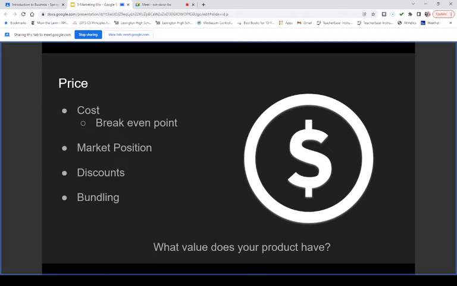How we charge, how much we charge for our product really relates to where we want to position ourselves in the market. And if we're coming up with a new product that has a lot of competition in the market, let's say maybe it's a ketchup that's a new type of ketchup. Well, we're not going to really be able to compete on price against these big companies like Heinz. There's no way.